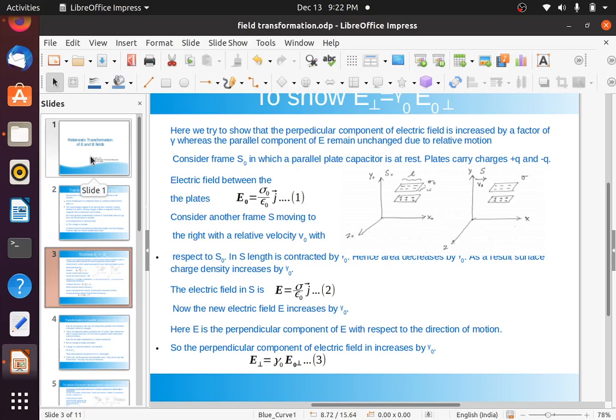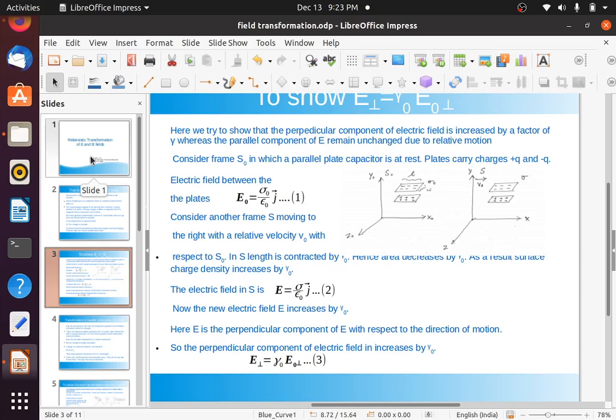This will cause a shortening of the length of the capacitor plates. Length gets Lorentz contracted, because we have put the plates in the XZ plane, so that the electric field will appear in the Y direction.